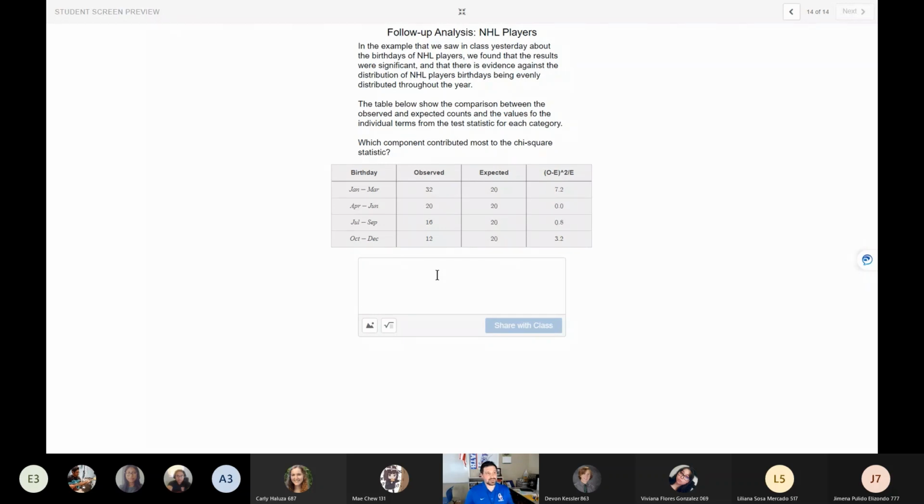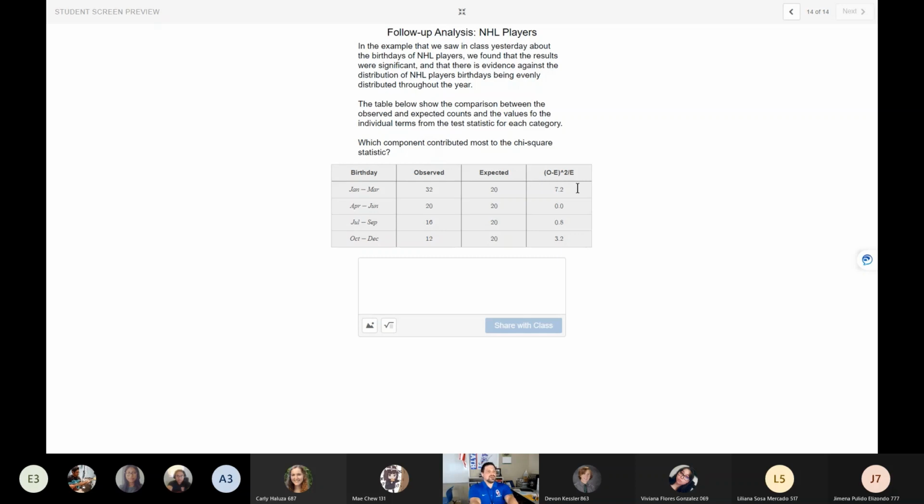All right, and so which component contributed the most to our chi-square statistic? In this case, it's fairly obvious because it's more than 2 times larger than the next closest one, and that is this January through March component. It has the largest contribution to the chi-square statistic, and it has the largest difference between observed and expected.